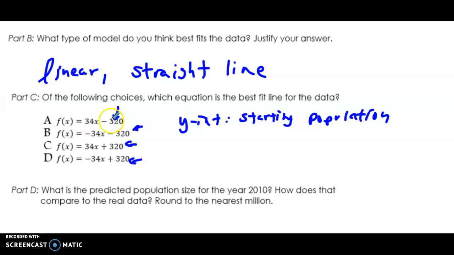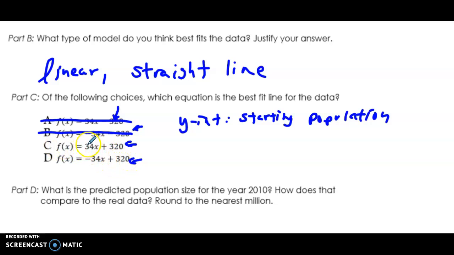Okay, so this y-intercept of negative 320 means that the population of the butterflies would start at negative 320 million. That's not possible. Same with this one. It couldn't have started at negative 320 million butterflies. It starts at positive 320 million butterflies.